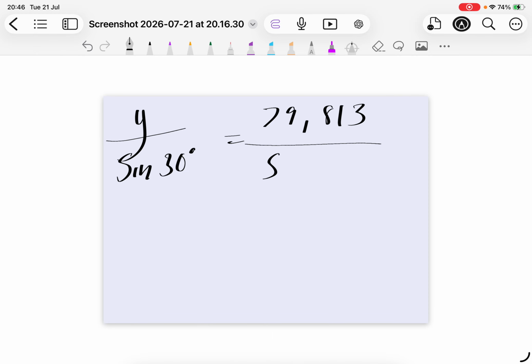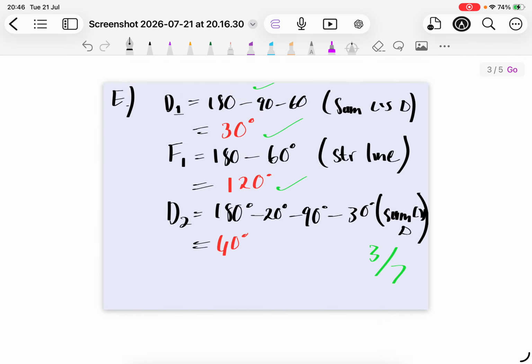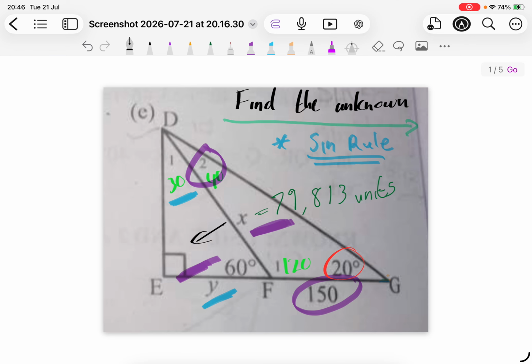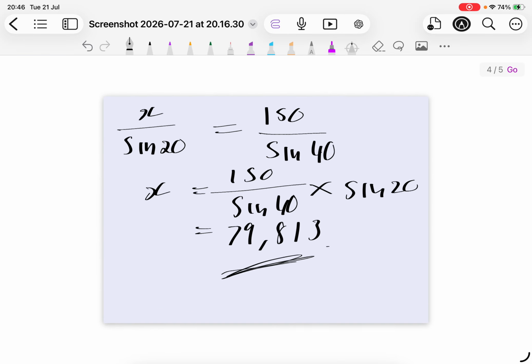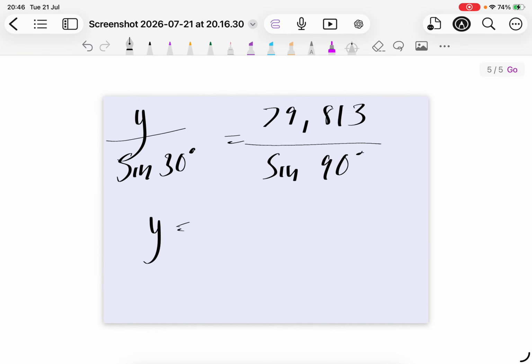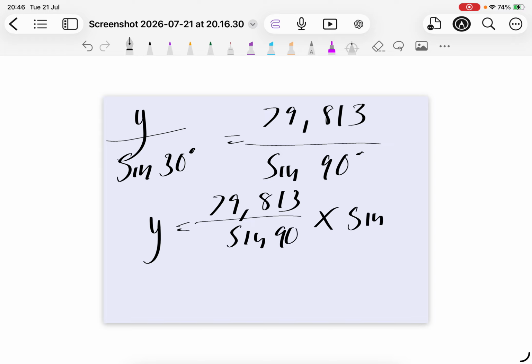So it's going to be 79,813 over sine what? What's opposite that? It's a 90-degree angle. You can just quickly double check that. That's opposite my x. So for my final answer, y is then equal to, just simply move this sine 30 over the bridge, 79,813 over sine 90, which is roughly 1, times sine 30.